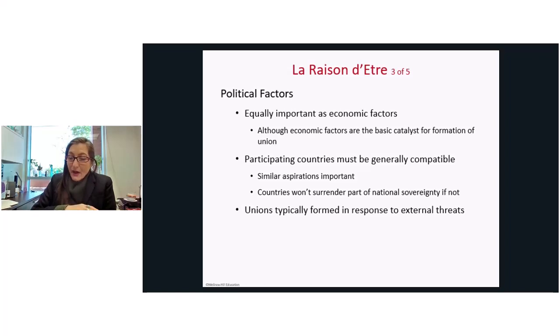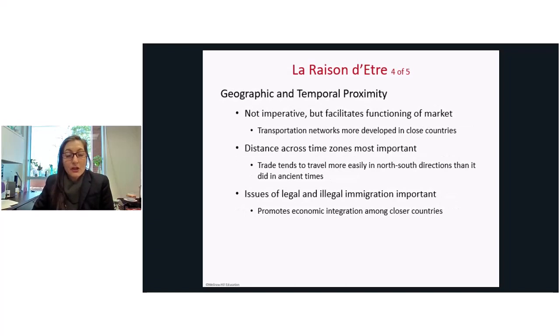Now, from economic factors through political factors and moving on to geographic and temporal proximity factors. So what we're talking about here is that geography and time zones are not imperative, but they do facilitate functioning of the market. Transportation networks are more developed within and between countries that are in close proximity to each other.